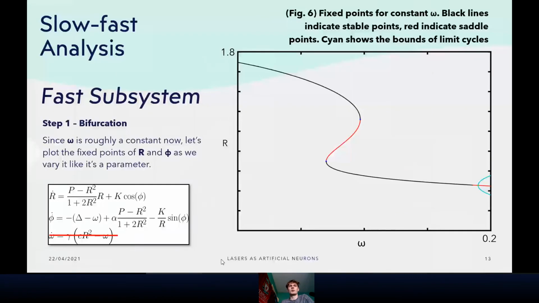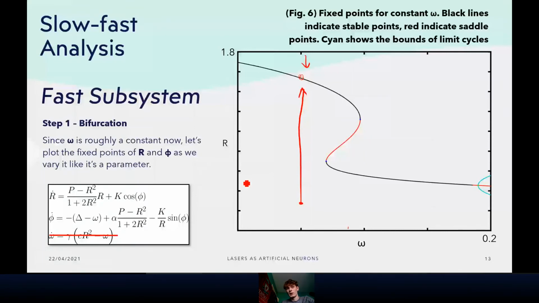So if we look at the fast subsystem, I have a plot here of R versus omega, and omega dot is now 0. So if I think about what's going to happen, what I've drawn here in this line means that if we start off at a point, let's say here, omega is fixed in our fast subsystem, so we can only move vertically. This line here indicates it's a fixed point. So my laser for this value of omega is going to lock on to this amplitude here.